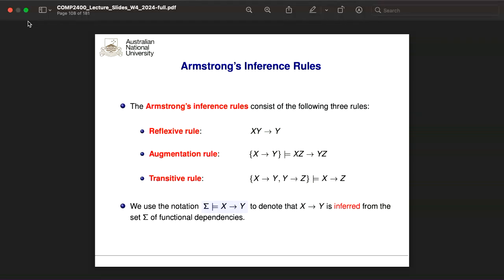It means if we have X determines Y, then we can add another set of attributes, Z, into both sides. Okay? Transitive rule means X determines Y, Y determines Z, then X determines Z. So we just use this notation to indicate a set of function dependencies can infer some other function dependencies.